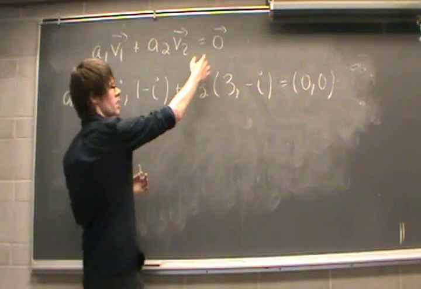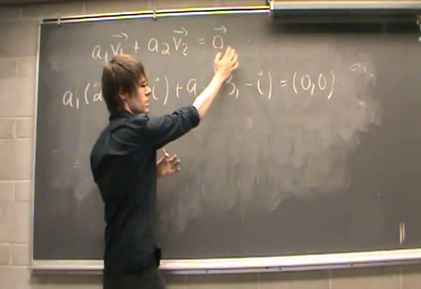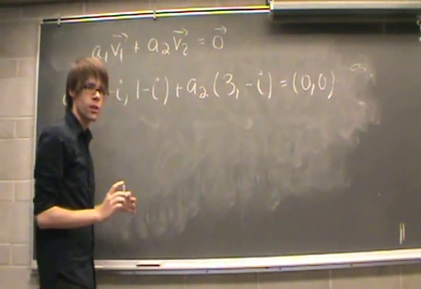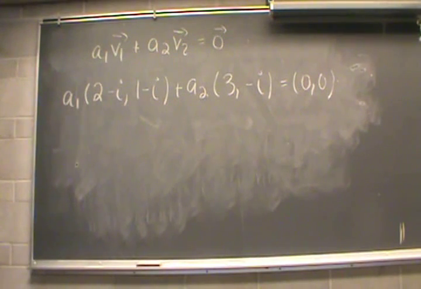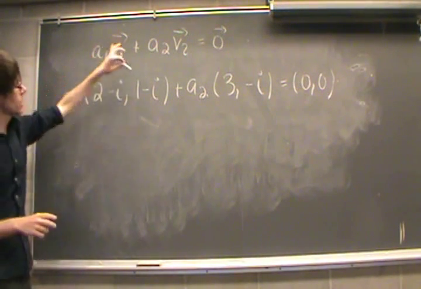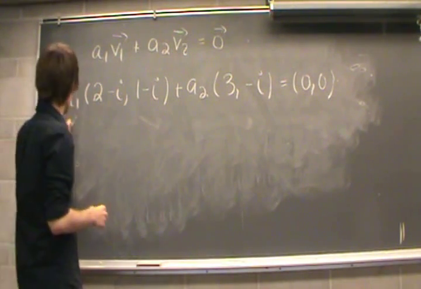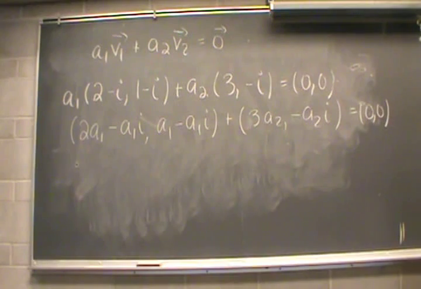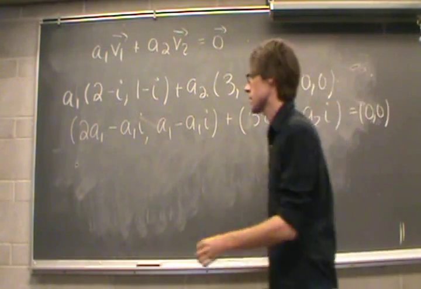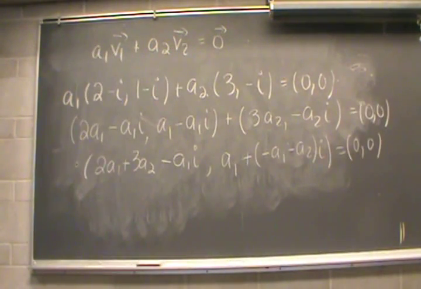Also, we have to consider the zero vector. So the zero vector of C2 is this vector here with 0 as both components. And we're going to scalar multiply a1 and a2, which are real numbers, into these vectors, and then combine these two vectors over on the left-hand side.